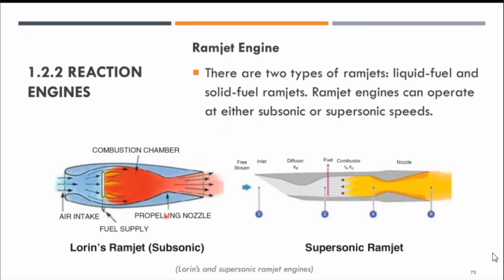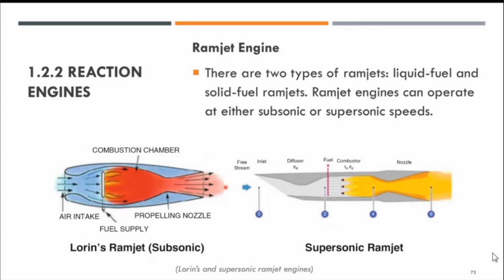So you can see here the subsonic type of ramjet, where you have the air intake, and the air flows into what we call the combustion chamber. We have the fuel supply, and then we burn the air at a high speed, and then we have the propelling nozzle. As simple as that.